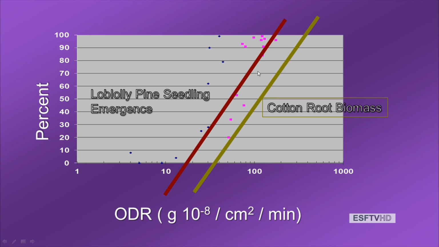This again shows the linear relationship in a totally different system. The cotton root biomass increases as the oxygen diffusion rate increases. Both of these are indoor pot studies and lab studies, but they show the importance of oxygen diffusion rate relative to productivity, whether you measure it in seedling emergence or in cotton root biomass.